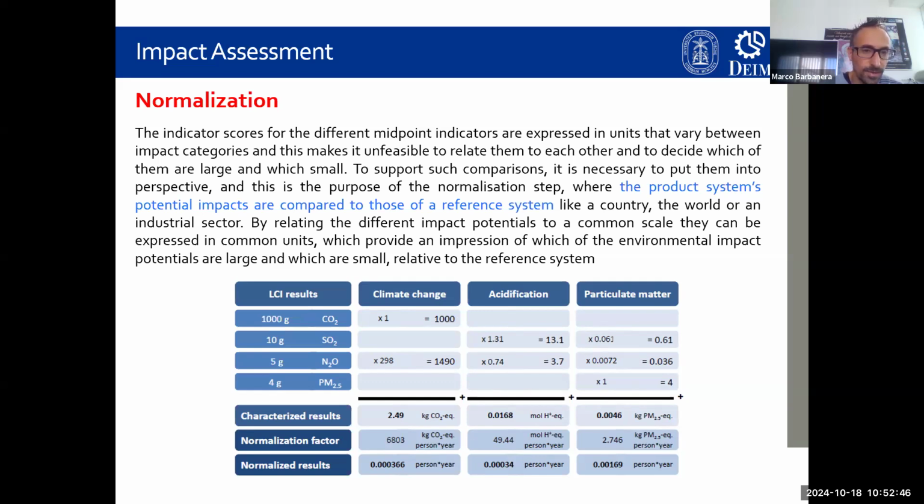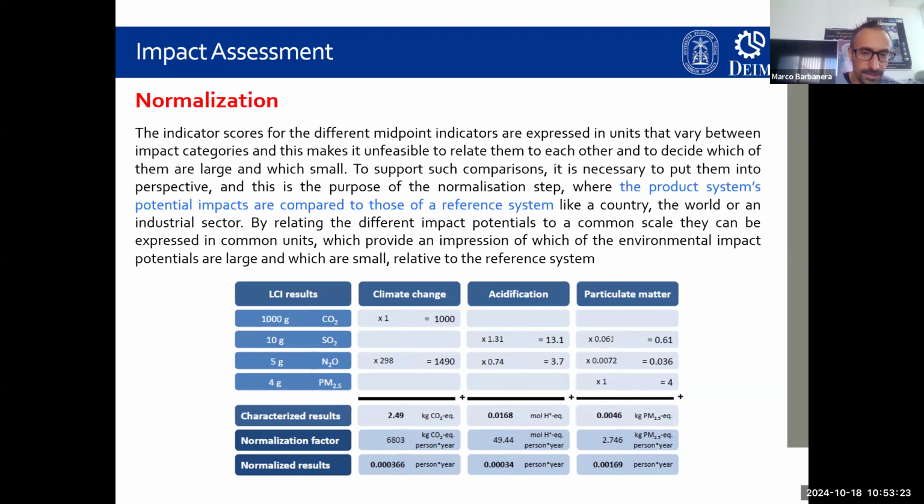In this case, the most difficult step to apply this normalization is that we have to define a reference scenario, a reference system. So we have to compare the environmental impact of our product to those of a reference system.